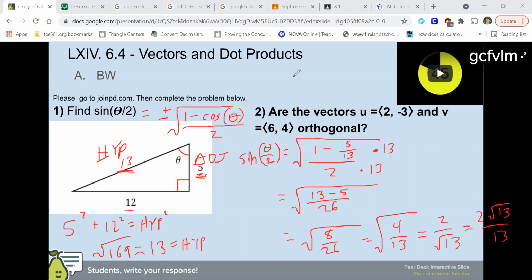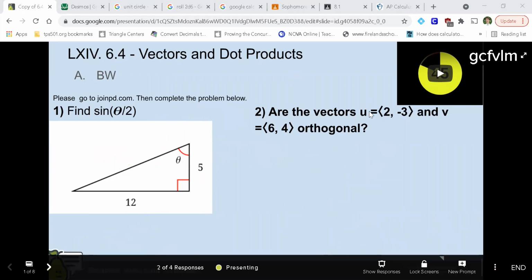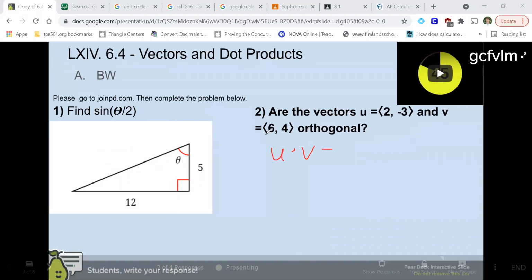Okay. Can anyone tell me what their notes say from yesterday about how I test whether or not two vectors are orthogonal? Their dot product should be 0. So we're going to do u dot v and see does that equal 0.